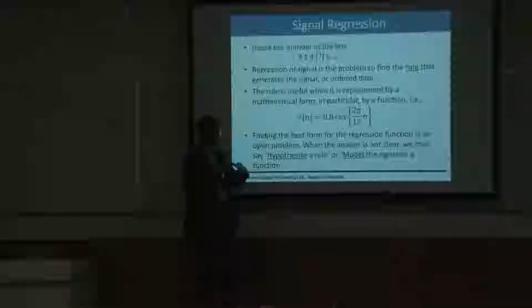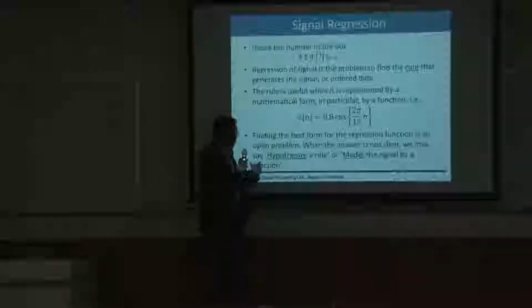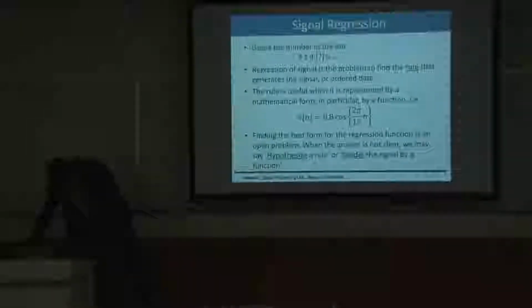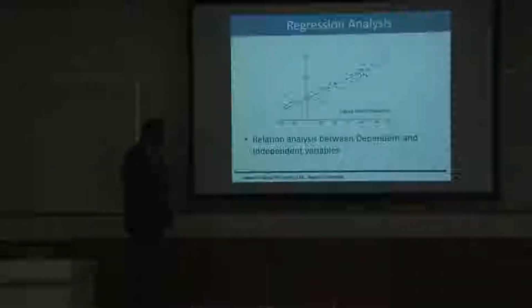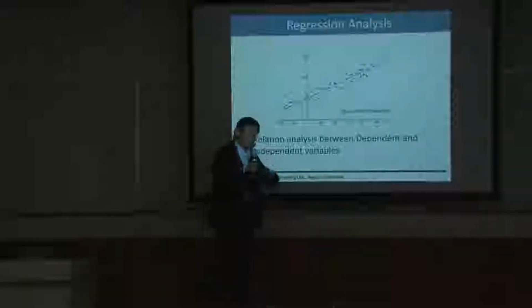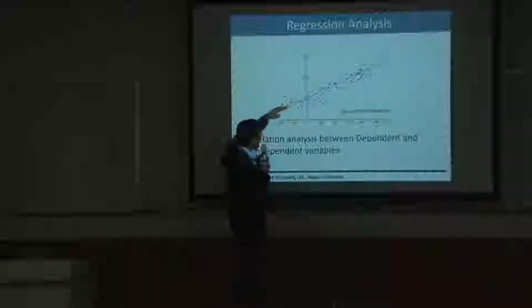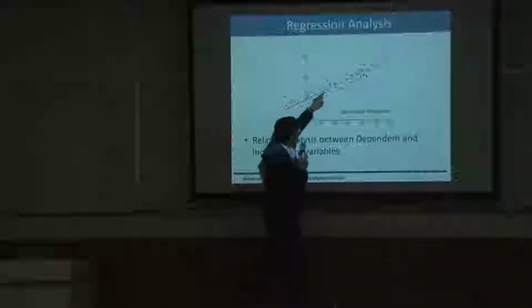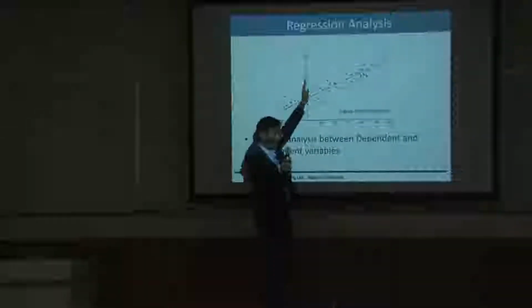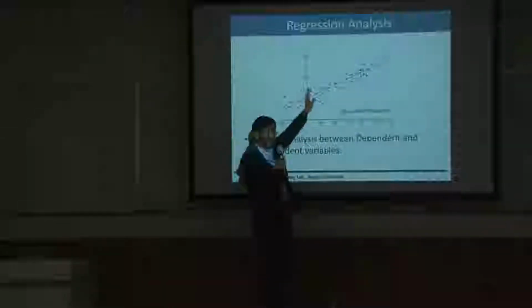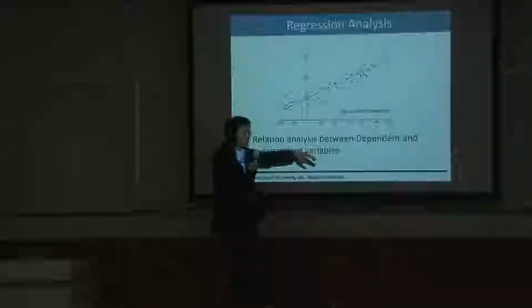There's no global answer because you don't know how this data has been contaminated with random error. You cannot be free from the error. Therefore, if you see lines of data like this, then it is very simple. This and this are linearly proportional. But in reality, you get this.